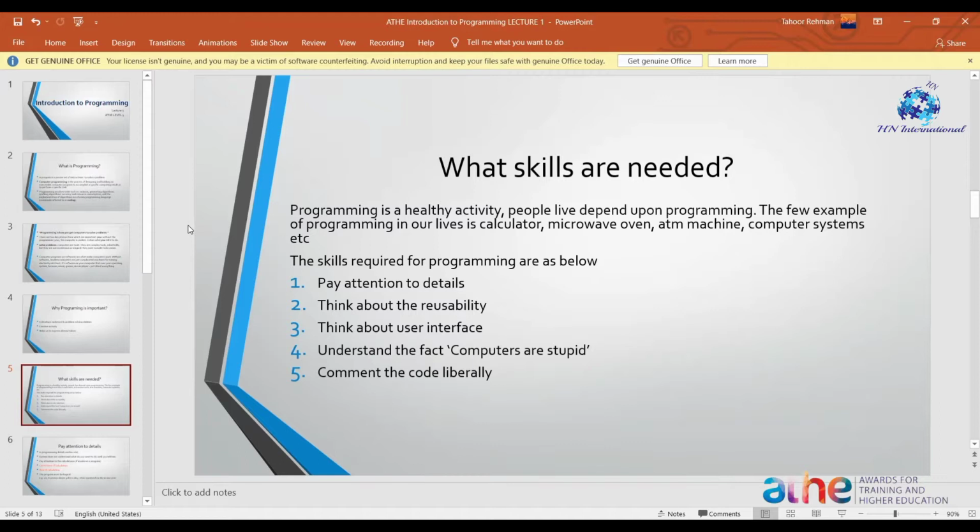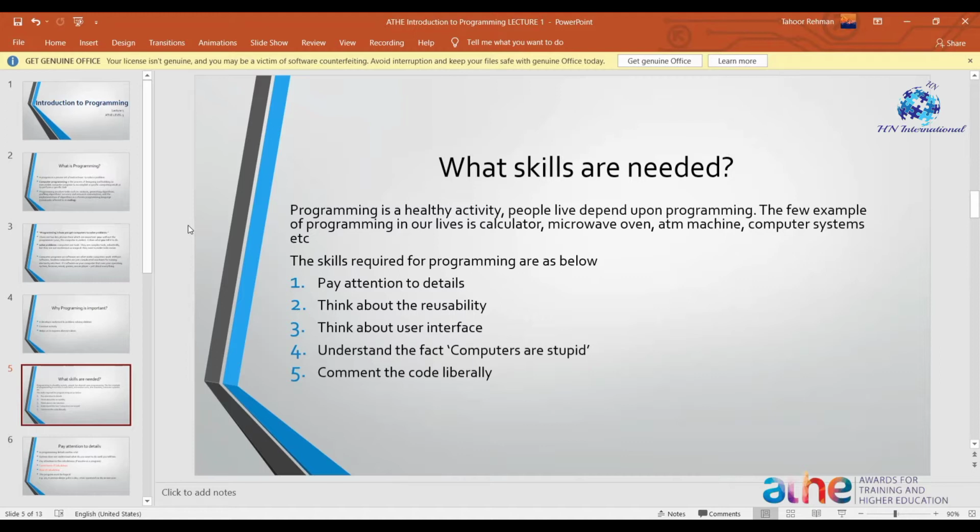We have created that software for humans, so that things can be easy for them.